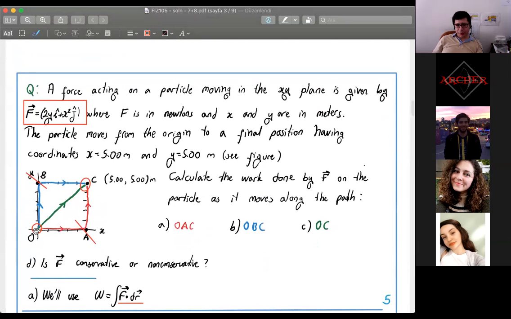If you move the object through this path, the work done by this force is 125 joules. On the other hand, if you move the object through this path, same force acts, but this time it does much less work, only 50 joules, okay? These are different values, so this force is non-conservative.